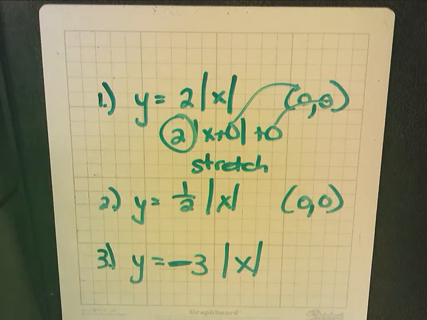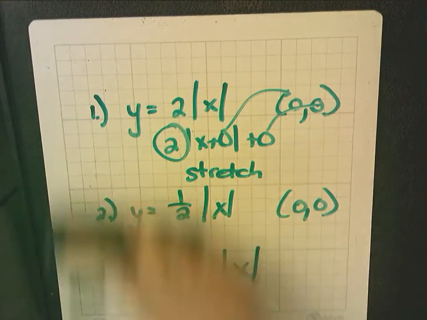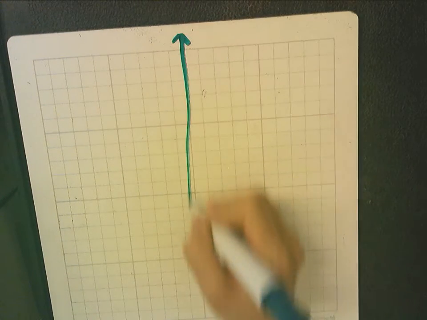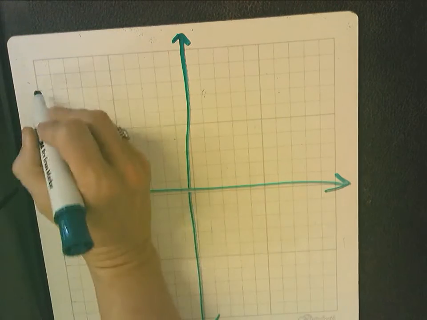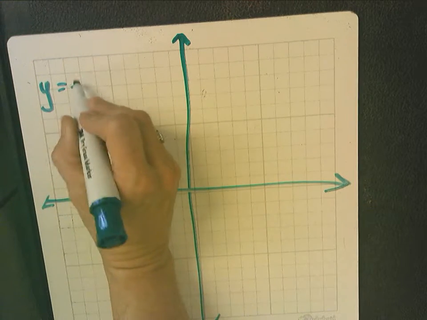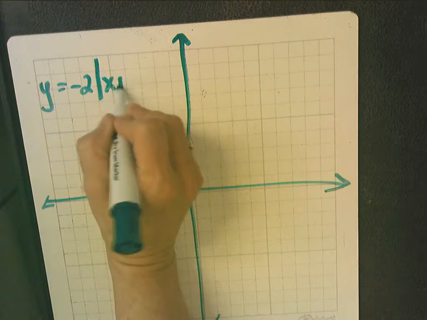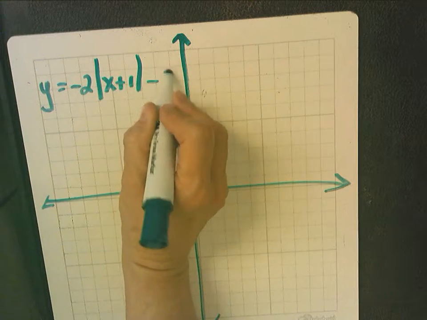Okay, so let's do one more on page 30C. So turn to page 30C. And we will do y equals -2 times the absolute value of x plus 1, minus 3.